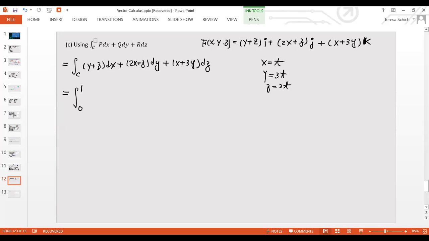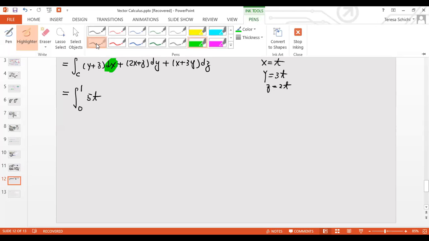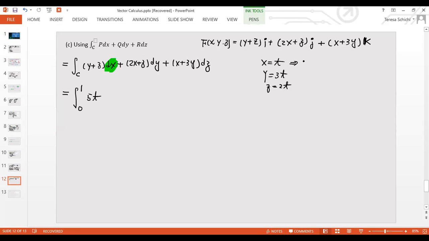Y plus z is 5t, and I'm integrating with respect to dx. So dx/dt is 1, dy/dt is 3, and dz/dt is 2.